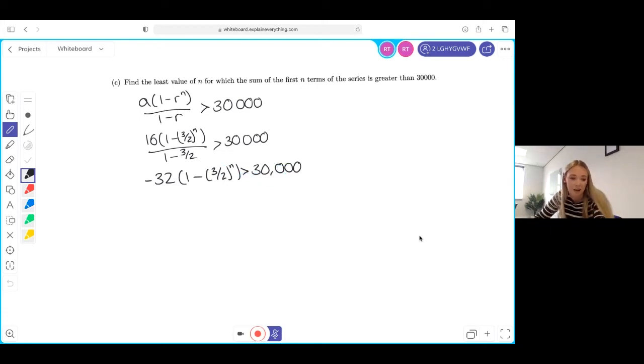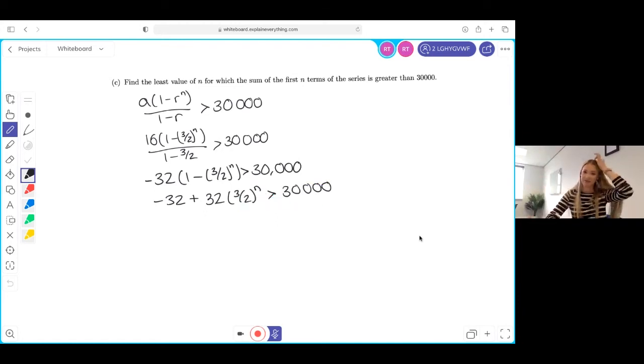And I'll multiply out by this minus 32 and then start rearranging things. So I get minus 32 plus 32 times 3 over 2 to the power of n. There are a few ways that you can rearrange this, so you can try a few.